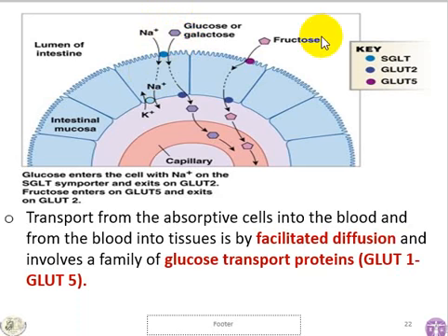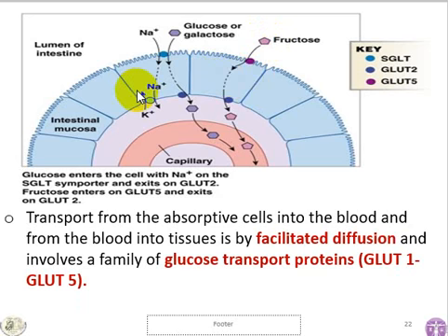Regarding fructose, the absorption from the lumen of the intestine to the intestinal mucosa is by facilitated diffusion, using a certain transporter named glucose transporter 5, which facilitates the diffusion of fructose from the lumen of the intestine to the intestinal mucosa.